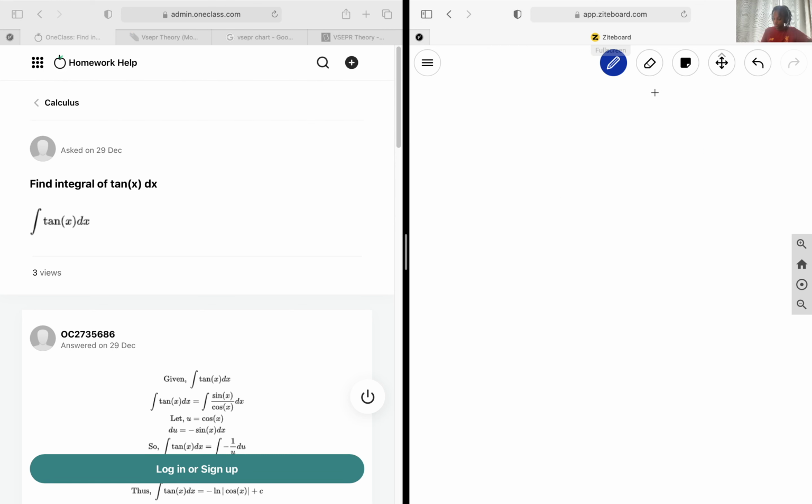For our next question, we're going to want to integrate tan x dx. And so we first off need to recall that tan x is equal to sine of x over cos of x. So let's just rewrite our integral. And so we want the integral of sine x over cos x dx.